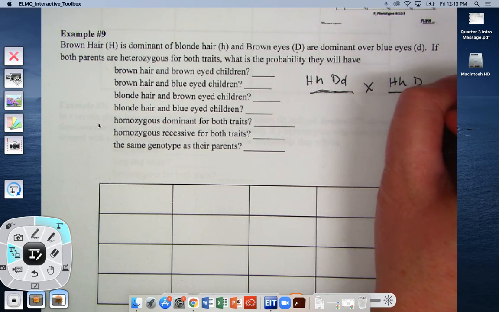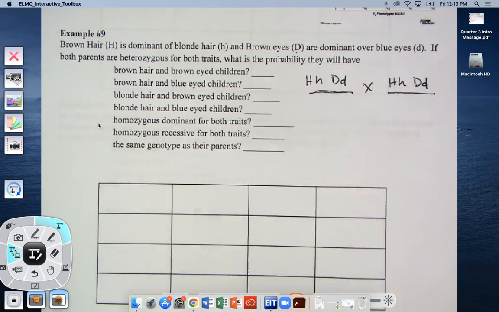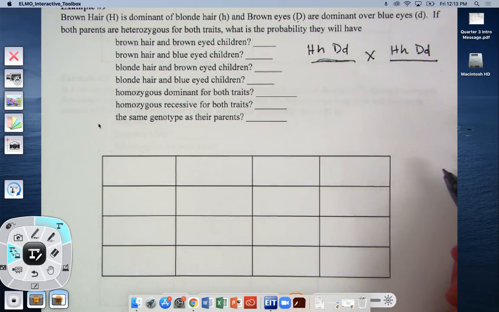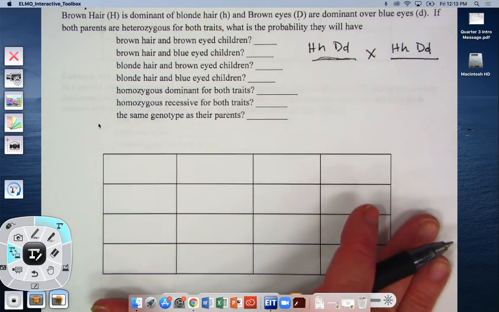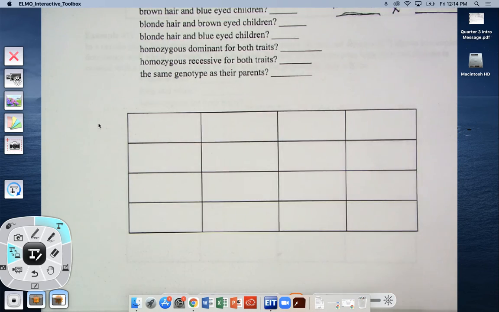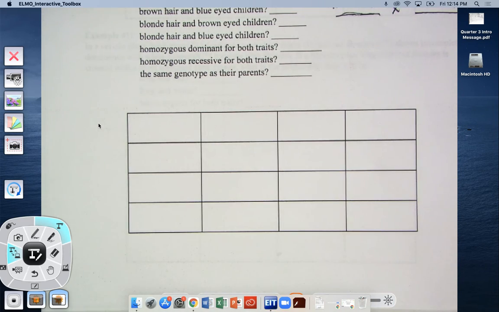Both parents are this. This is how you get the most mixing and the most different offspring. So now notice I put in the boxes for you, or you can make your own 16 boxes when you are doing these problems on your own.